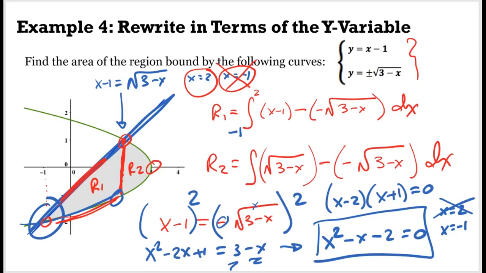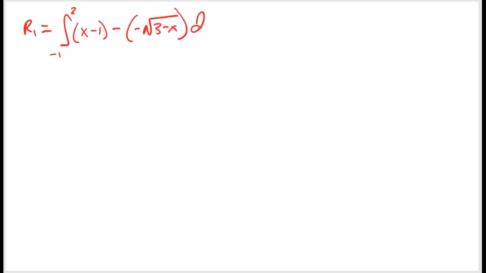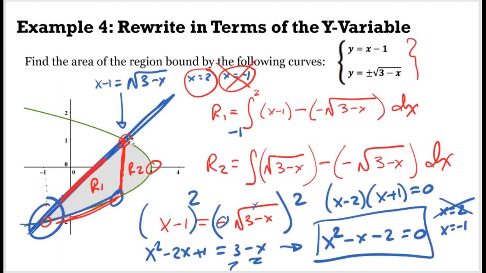So let's rewrite this on a fresh page. Region 1 is equal to the integral from -1 to 2 of x minus 1, subtract the negative square root of 3 minus x dx. Region 2, if we go back, we see that that's going to start from x equals 2.